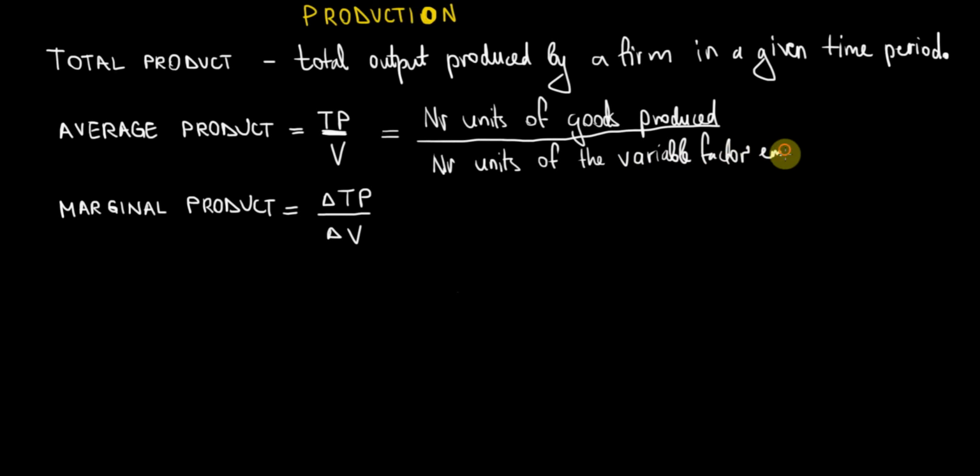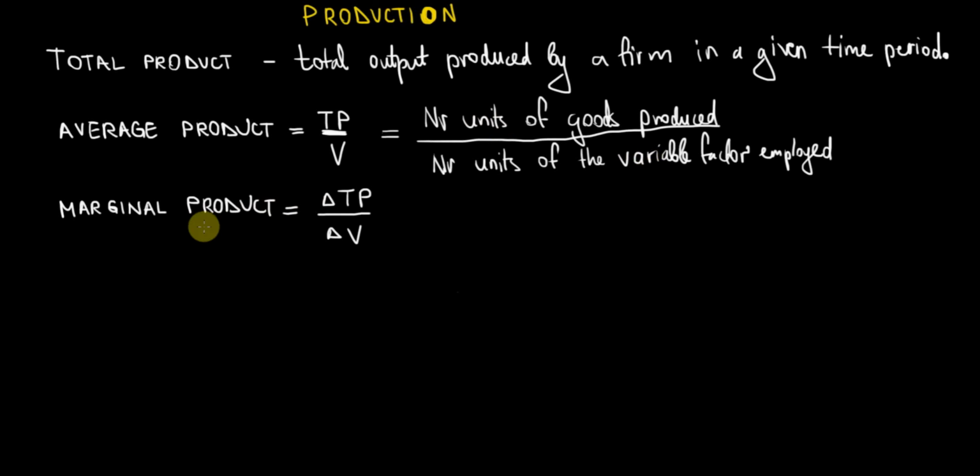For instance, that could be the number of employees that we hire as a variable factor. So we would have how many goods do we produce per employee hired. That would be the average product.